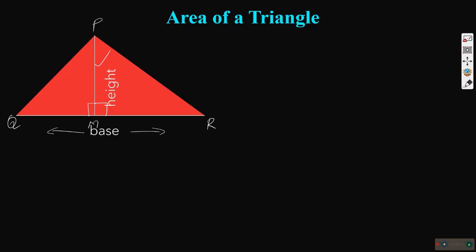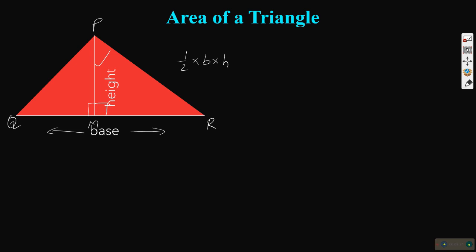Correct? So if I do the operation, what is that? Half into base into height, if I apply, can I get the area of this triangle? Because it is not a right angle triangle, but it's a triangle. Can simply multiplying half into base into height give us the area of it?